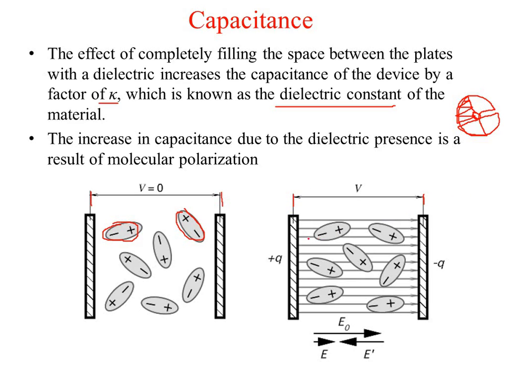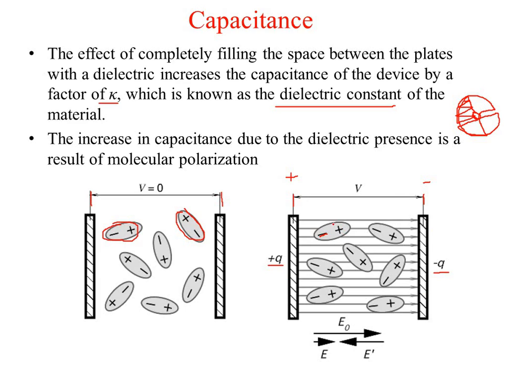what will happen? You can see here it is plus Q and here it is minus Q. That means you have applied the plus voltage over here and the minus voltage over here. Because of that, the orientation of these molecules will be like this. The minus will get attracted towards the positive plate and the plus will get attracted towards the other.